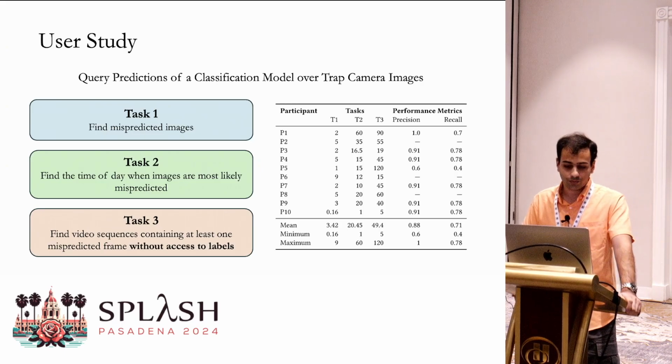But users were able to achieve this in around 50 minutes with a good performance, in general. All these users were mostly graduate students with 3 or 4 engineers as well, who were well versed with machine learning in general, but they had never seen TorchQL before, and they had to essentially learn it from scratch when they were giving this user study.